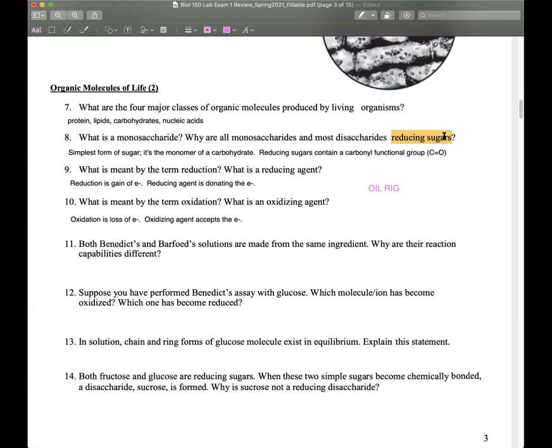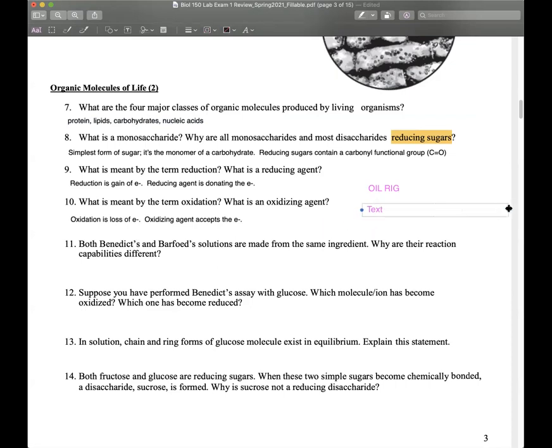So when something is being oxidized, then it means that they themselves are the reducing agents. And when something is being reduced, then that molecule itself is the oxidizing agent. Yes, yes. Okay. Diana, you got that perfectly correct.